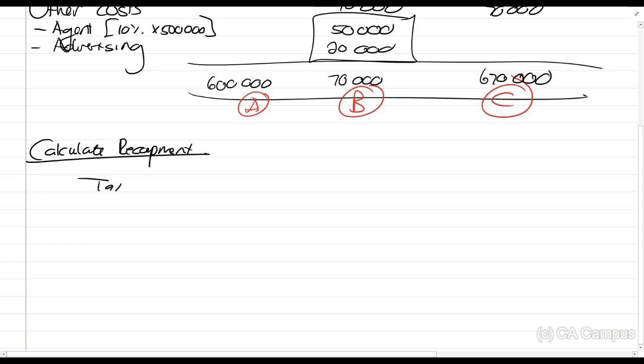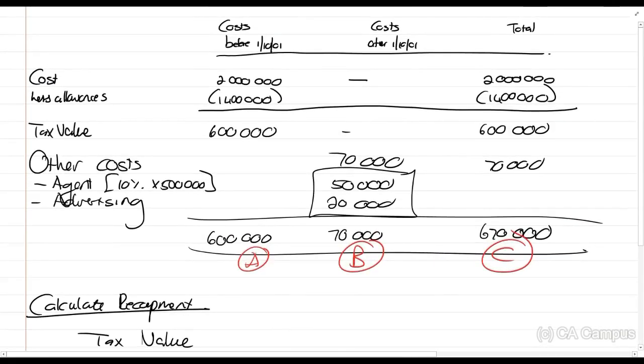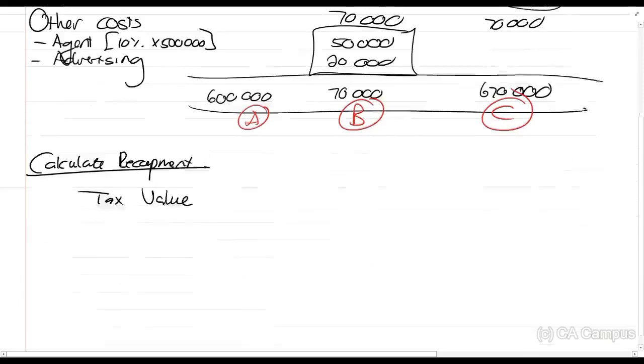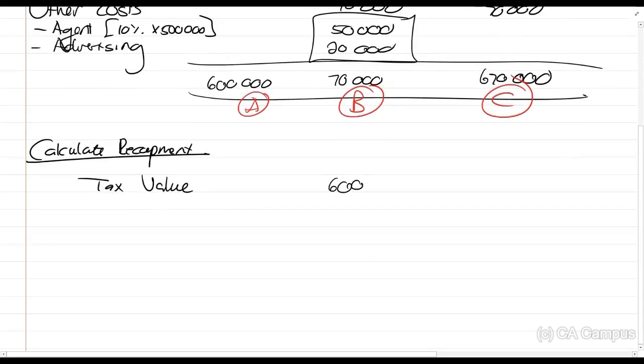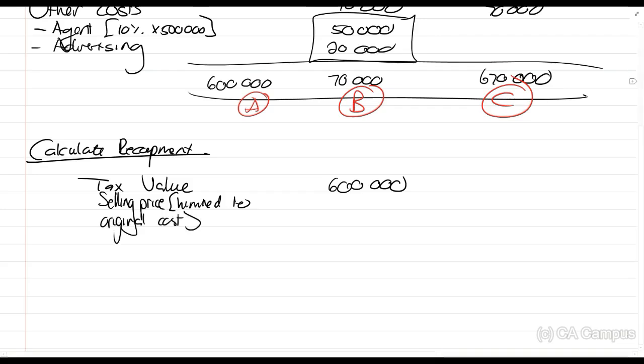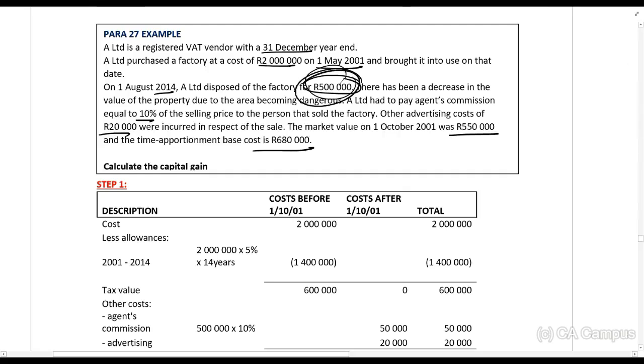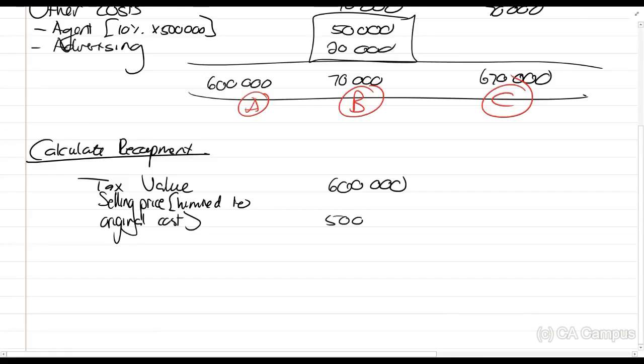Again, guys, just the principle here. The tax value is the actual tax value, 600,000. Selling price, limited to original cost. In this case the selling price is 500 and the original cost is 2 million, so it is less than our original cost.